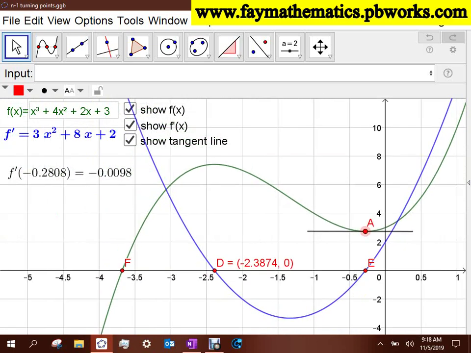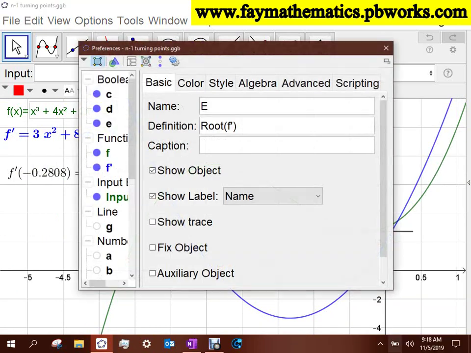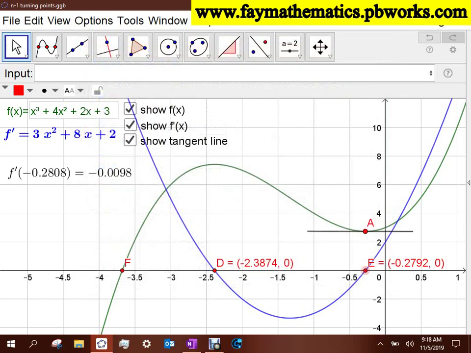Okay, so if I find the ordered pair for E, you'll see that the X value of E is the same then. Now, there's a little bit of rounding here, but it's the same as the X coordinate of that minimum. Okay? Does this make sense?